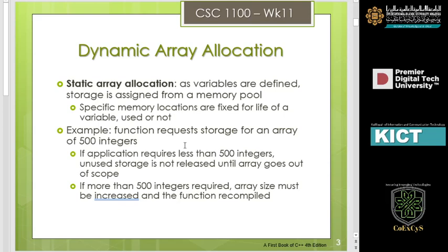So let's think about that for a bit. But first, we're going to talk about static array allocations. As variables are defined, the compiler creates storage which is assigned to a particular memory pool. So specific memory locations are fixed for the lifetime of the program for the variable, whether it's used or not.